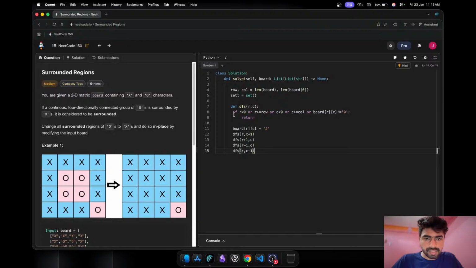So this is our recursive function. So our DFS function is ready, which converts the borders into J, whatever it is.